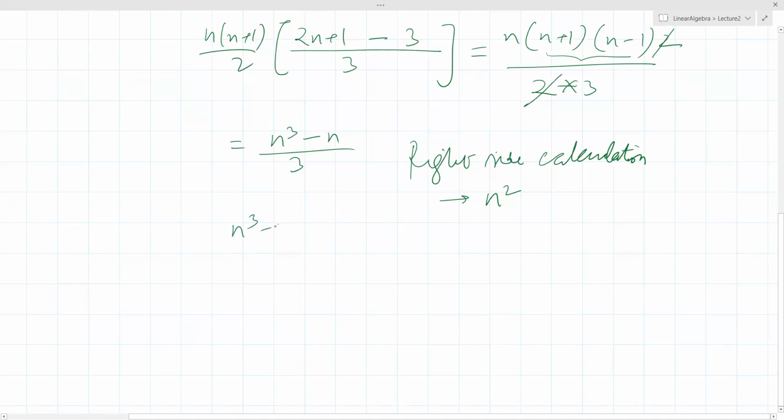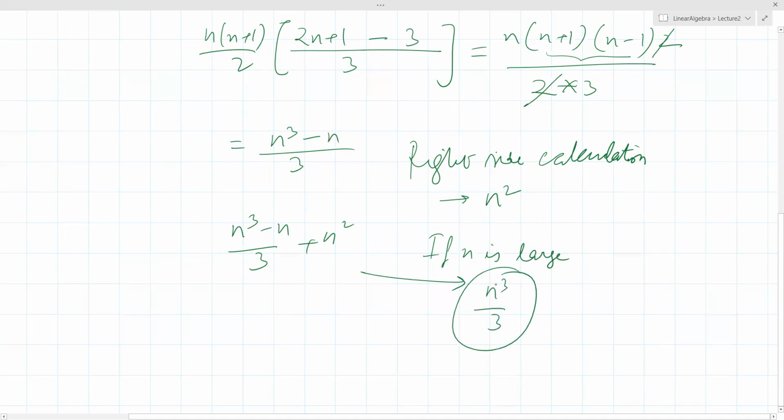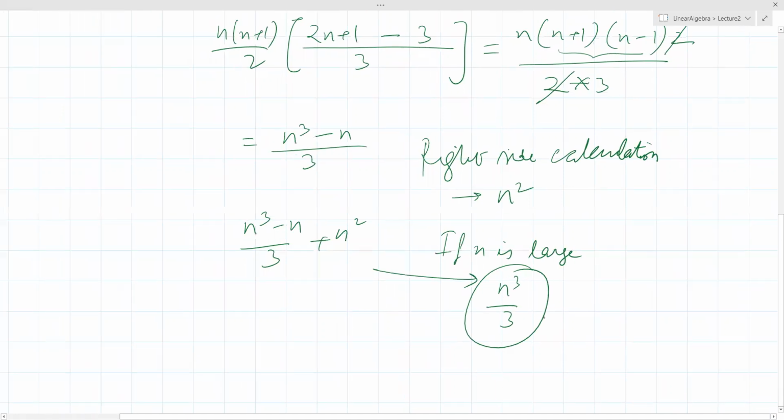It will be n cube by 3 plus n squared minus n by 3. If n is large, this will tend to n cube by 3, and everything else can be neglected. So you have approximately of the order of n cubed calculations to complete Gauss elimination and backward substitution.